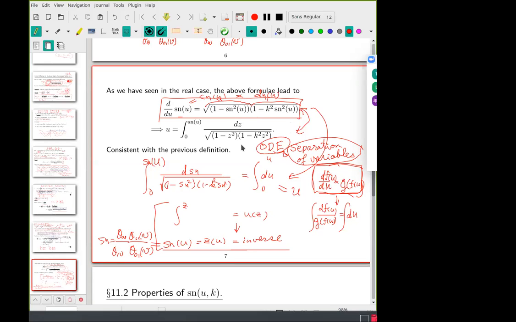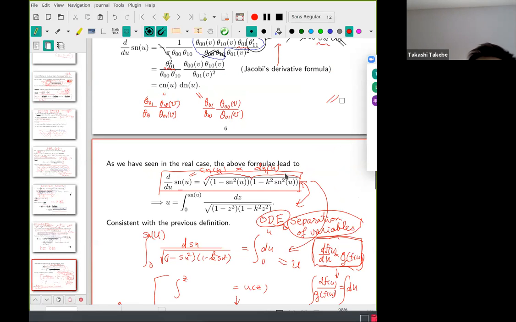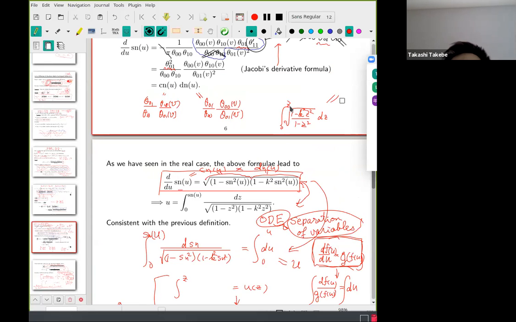So I don't know about the second kind, I mean, the inverse function. That's a very, very good question. It also gives an elliptic function.